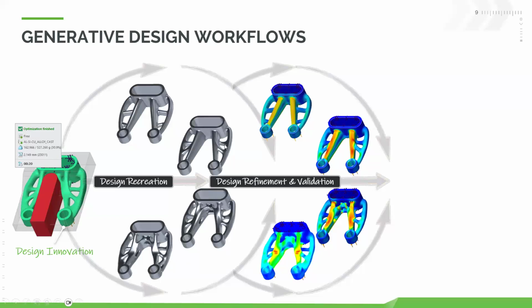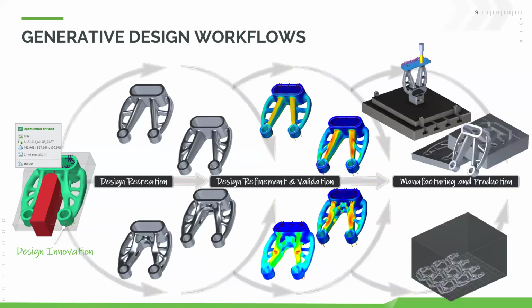Versus me designing and then throwing it over the wall to the analysis group, waiting for several weeks, and they can come back and tell me it's not strong enough or whatever. And then we're going to have all those design cycles. Using live simulation, I can give those guys a model that's already proven to a pretty good extent. And then, of course, what do we want to do in terms of manufacturing?